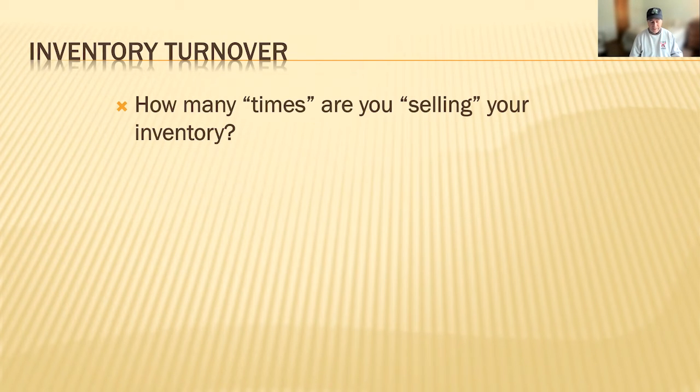So in reviewing each one of these in a little more detail, when we talk about inventory turnover, it's how many times you're selling your inventory. So if you have $100,000 worth of inventory and you have $1 million worth of sales, then the quick calculation would be that you are selling your inventory 10 times in a year.